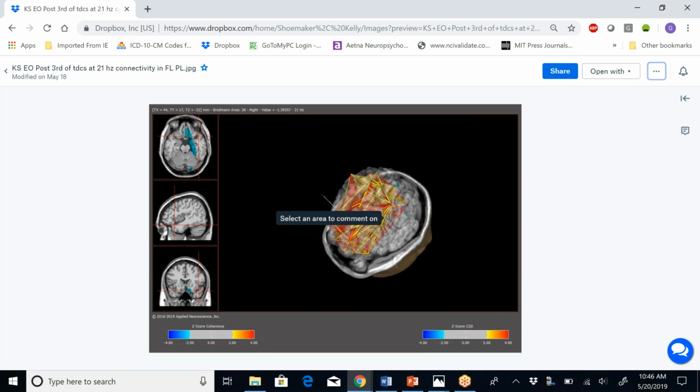And this is after the 3rd round of her tDCS, so whatever, maybe within a few days or a week of her last treatment of the 3rd round. So she would have gone through the first round, which would have been 8 to 10 treatments, a couple week break, 4 or 5 treatments, a few more weeks of break, and then 3 treatments. So that would be an example.